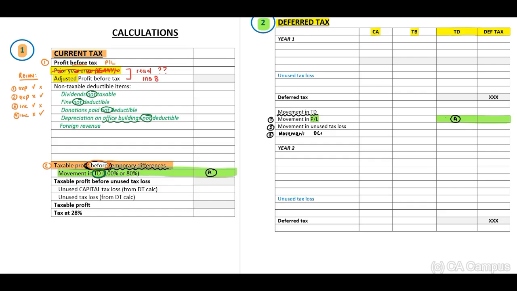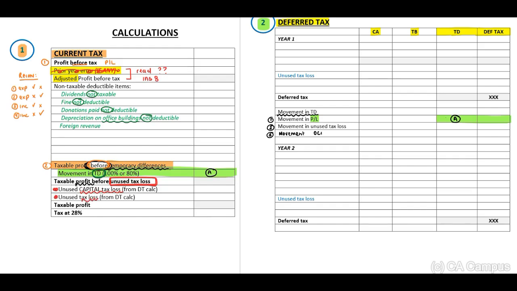Then, when you look at our current tax calculation again, we now have our taxable profit before our unused tax loss. Before the unused tax loss, we will then include our unused capital losses, tax losses, or our unused normal tax loss.